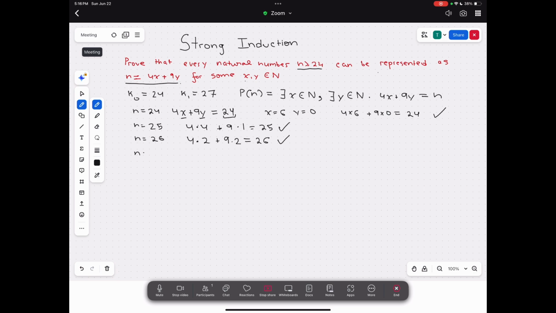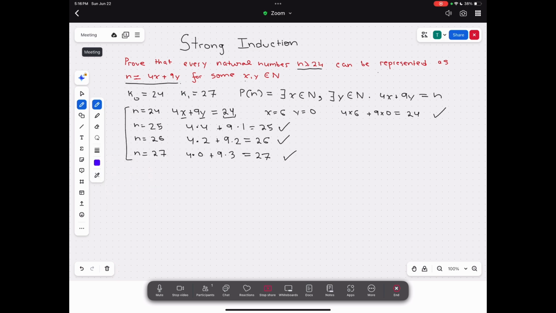This is established as well, and then n equal to 27 would give 4 times 0 plus 9 times 3, which is equal to 27. So we found a combination of x and y, where x and y belong to the natural numbers, that gives us these four base cases.